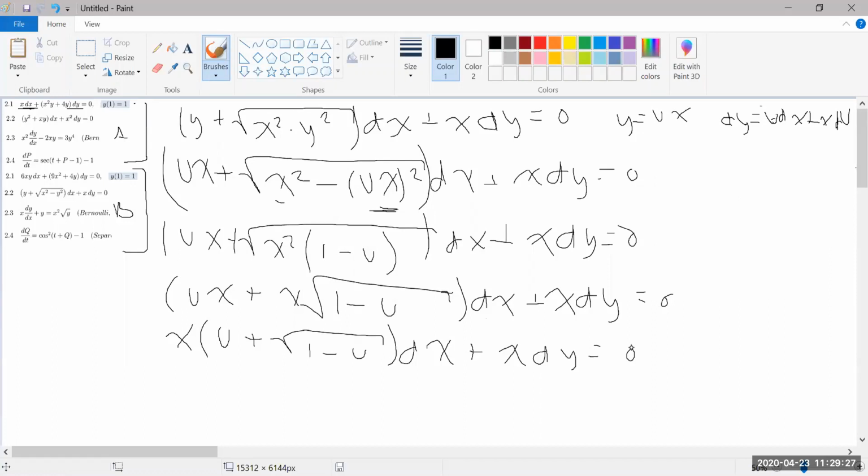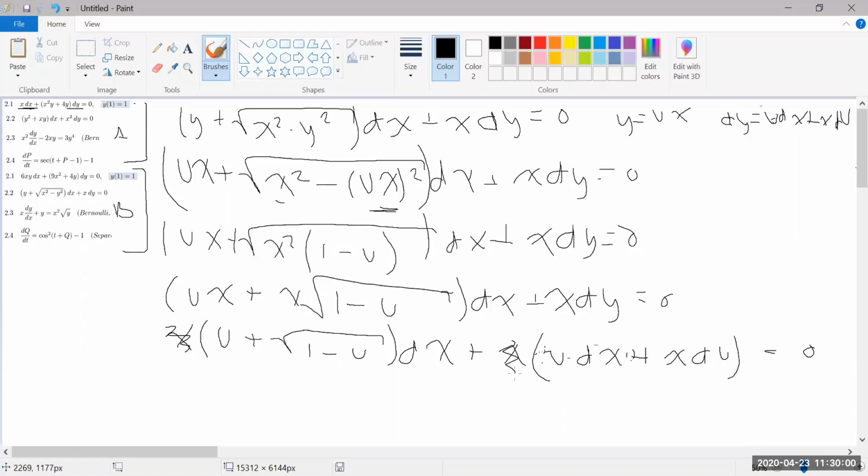Okay, and now we can substitute our dy here, which I forgot to do in the beginning, but that's okay because it's not too late. Our x, and then our dy is u dx plus x du. Okay, so these x's can go away.